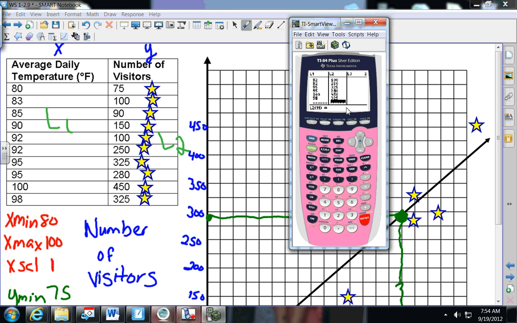Make sure, see how my numbers should all match up. Look at the bottom down here, how they both are at the same point. They both have the same amount.